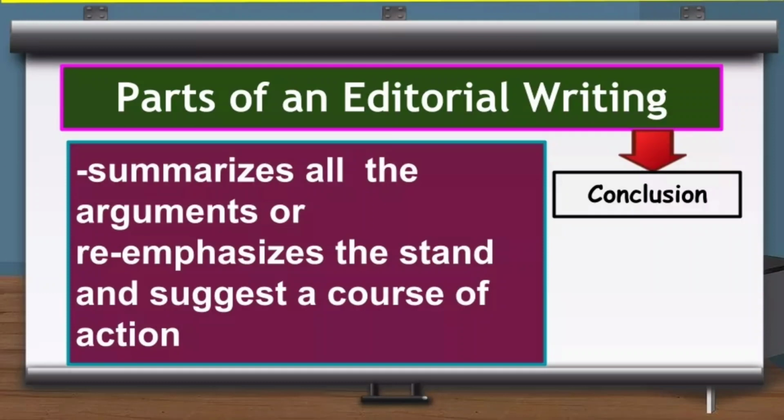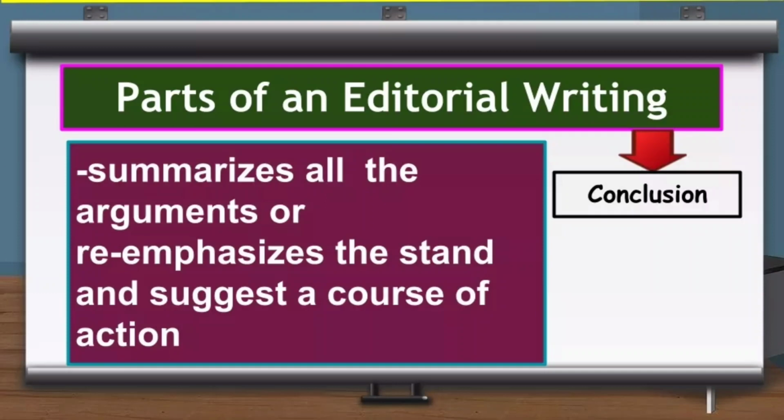That's why in the concluding paragraph or the final paragraph, a summary of your point of view is required, and you need to remind your readers why they should care about the issue, the current event, or the social issue you have written as part of your editorial.